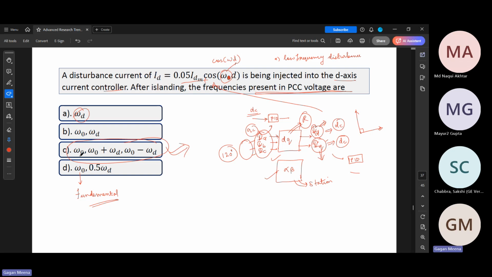Omega naught is the fundamental, and omega naught plus D and omega naught minus D. So these three frequencies will be there in the output. These are the frequencies present in the disturbed signal, which is available at PCC and which we are measuring. Is this clear? If it is not clear, then we will again come to this DQ and alpha beta.